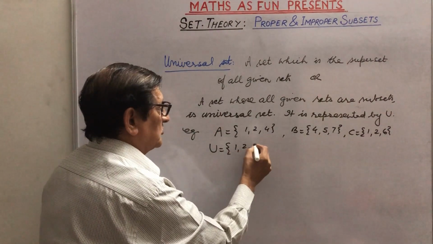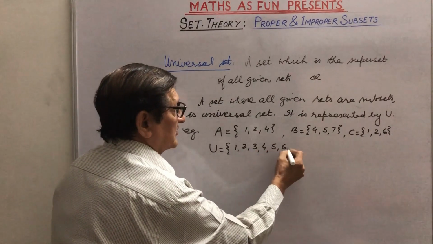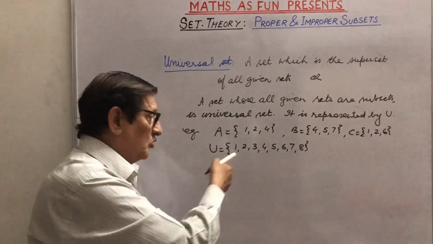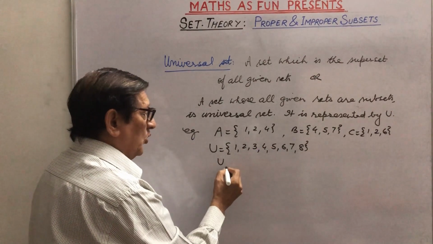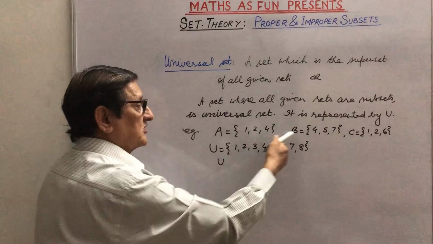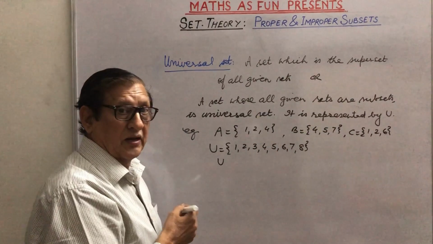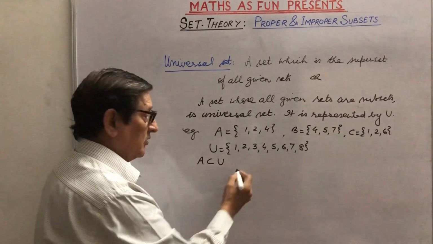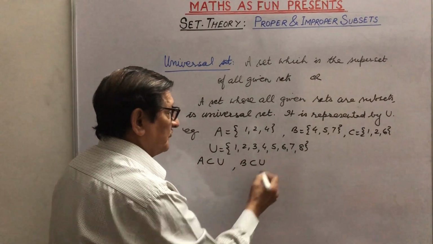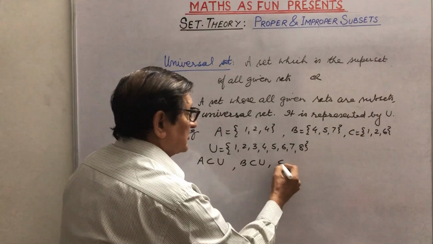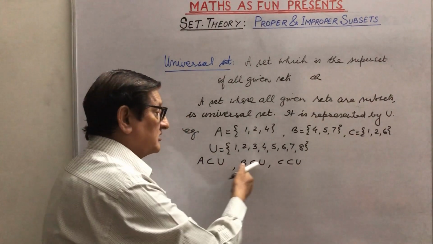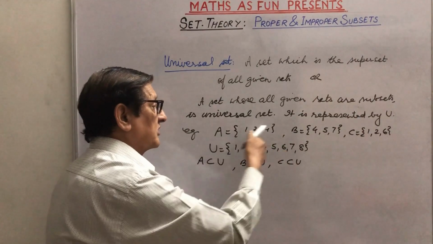Suppose we have 1, 2, 3, 4, 5, 6, 7, 8. We can take more elements also. So do we find that U is a superset of all these sets? Or we say that A is a subset of U, B is a subset of U, and C is also a subset of U, and then we can say that U is the universal set of all these.